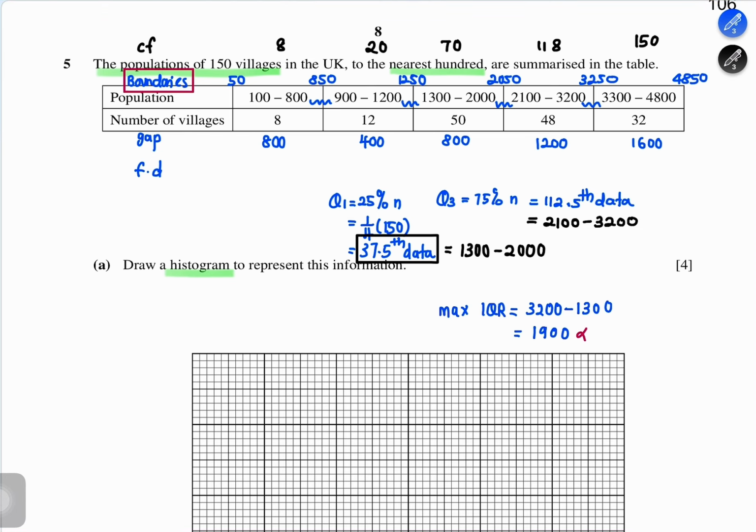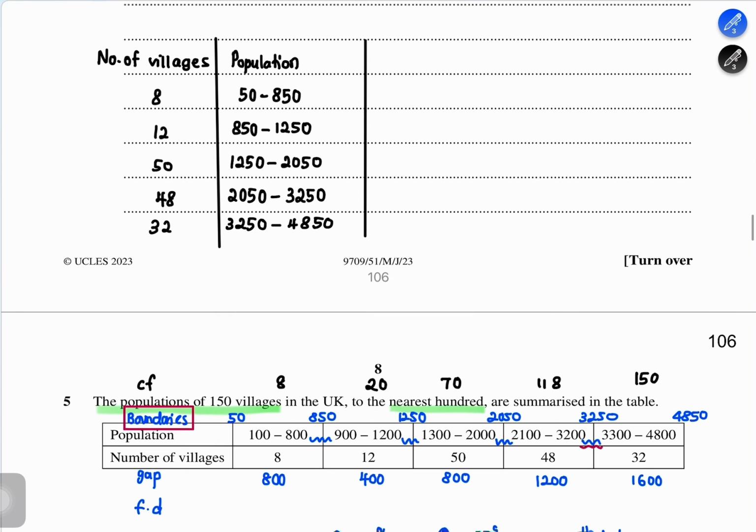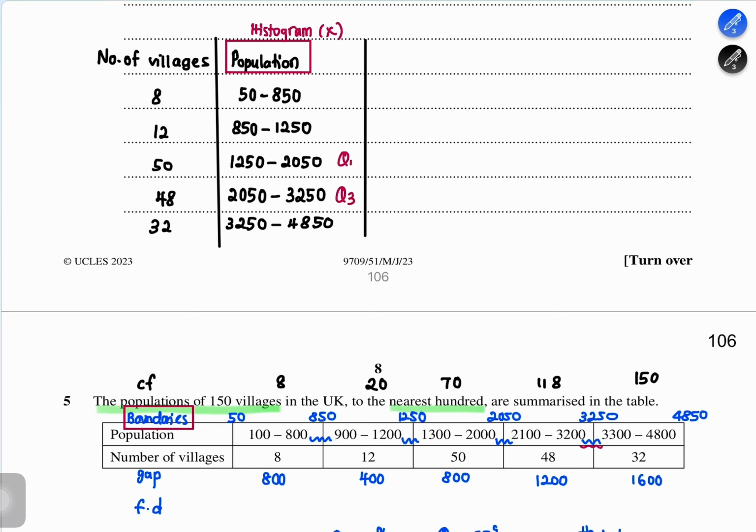Because there is a gap in between them. So you went and converted everything to this new population here, and that's what you use to draw your histogram's x-axis. Not a problem, but now I am locating a value. So I know that this is my Q1's interval and this is my Q3.